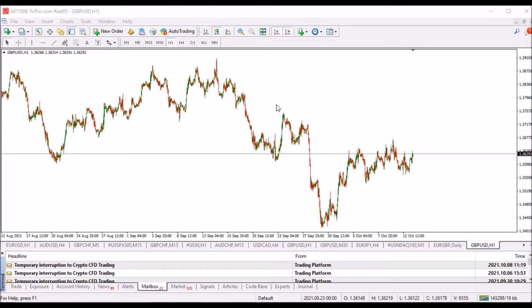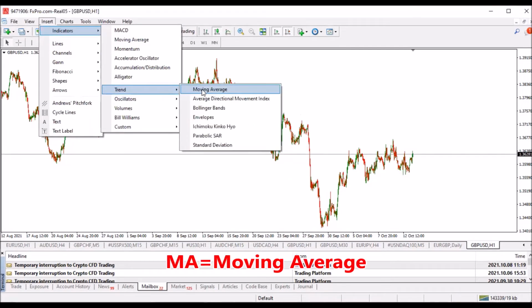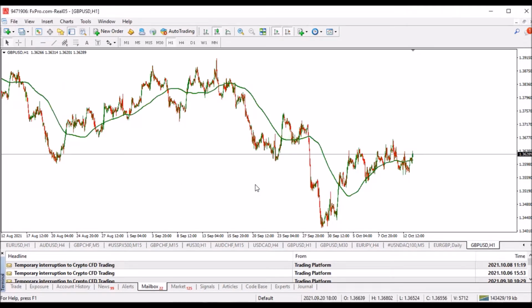So what do you want to do as a beginner, or whatever trader you are? It's simple. You just go into MA. Let me put in my MA here. This is especially for people who are not familiar with knowing where it's actually trending.